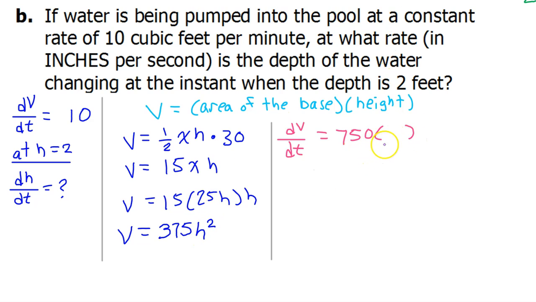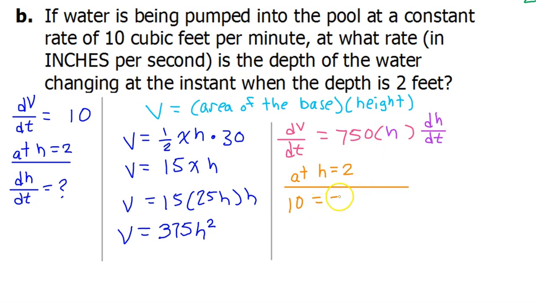But the inner function is the h itself. The chain rule demands that we then multiply by the derivative of the inner function, which is dh/dt. The value of dh/dt we are about to find is only the value at h equals 2. So you have to say that before you plug in the 2. dV/dt is 10.